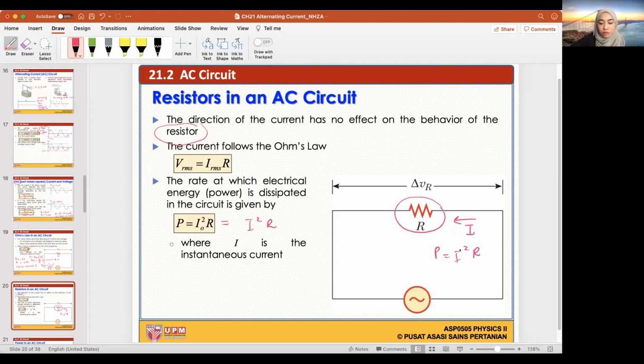The answer is you use I naught, because R is not affected by AC, so you use the regular I to find the P.